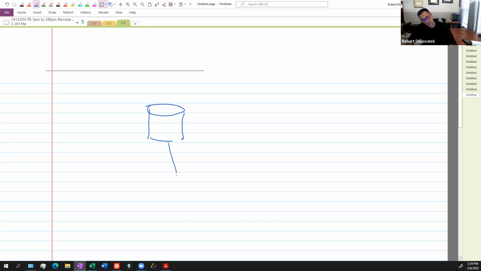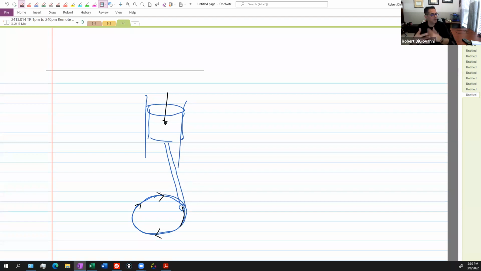You have a rod that connects to this circular crankshaft. As the piston moves down, the explosion pushes it down, and that moves the rod around and turns the crankshaft, starts spinning it. Then that energy gets transferred to a clutch, then to the transmission, and then into the wheels, and then you drive down the road.